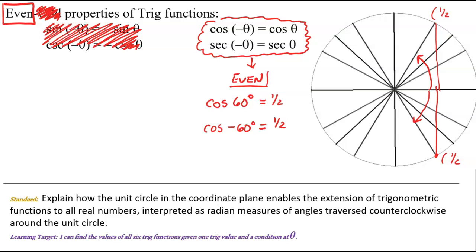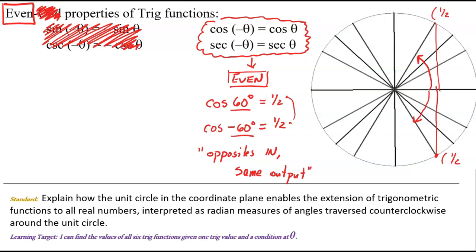So here's what we just said. An even function says if you plug in opposites, 60 and negative 60, 100 and negative 100, it doesn't matter what those opposites are. If I plug opposites in, I get the same number out. So let me write that here. Opposites in, same output.